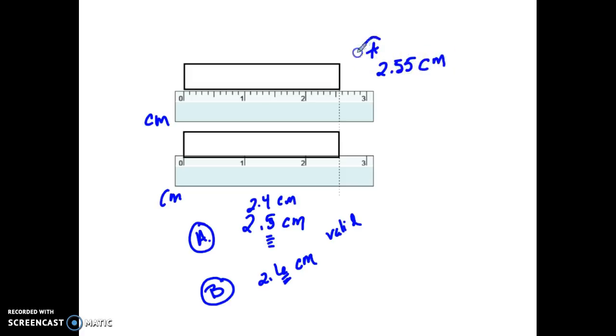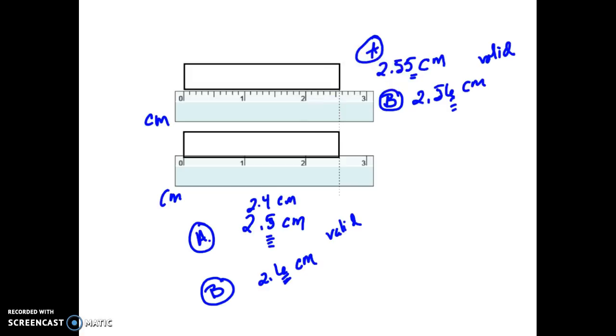And student B comes around and reads it, and they say it's 2.56 centimeters. Both answers are valid, and this is the guessing digit. Do you notice how the guessing digit goes out one placeholder? That's because there's more graduations here.